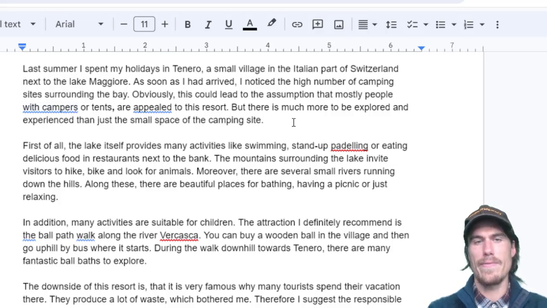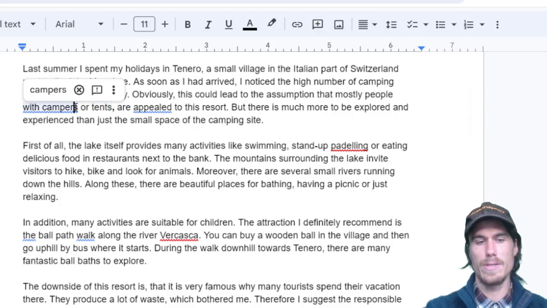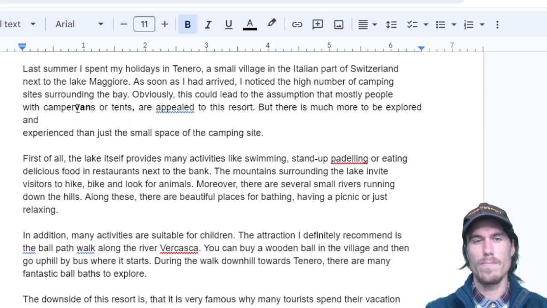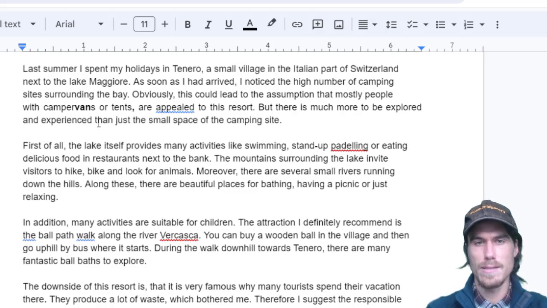You can also say camper vans if you want to be more specific. In fact, it probably is better to be more specific, because campers can also mean people camping in tents. So maybe, just to make it more obvious, with camper vans or tents are appealed to this resort.